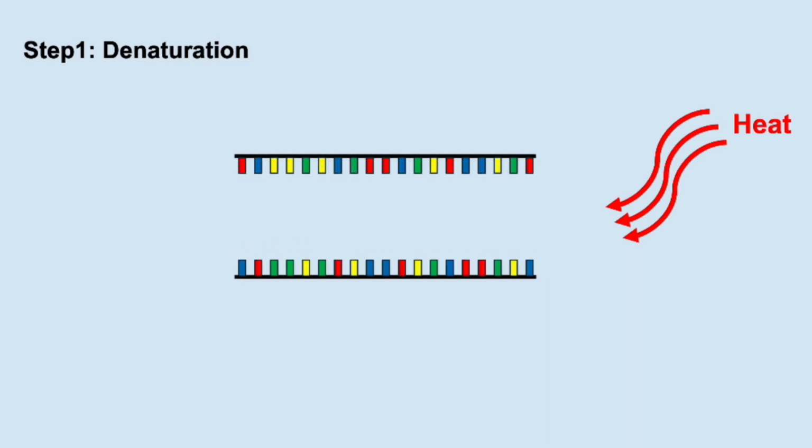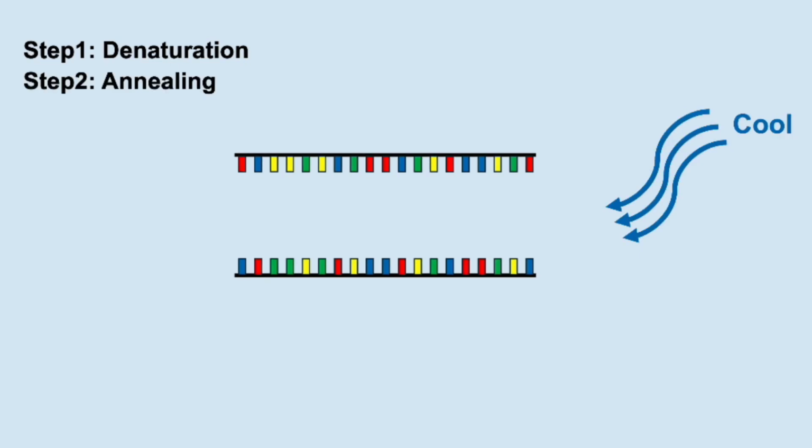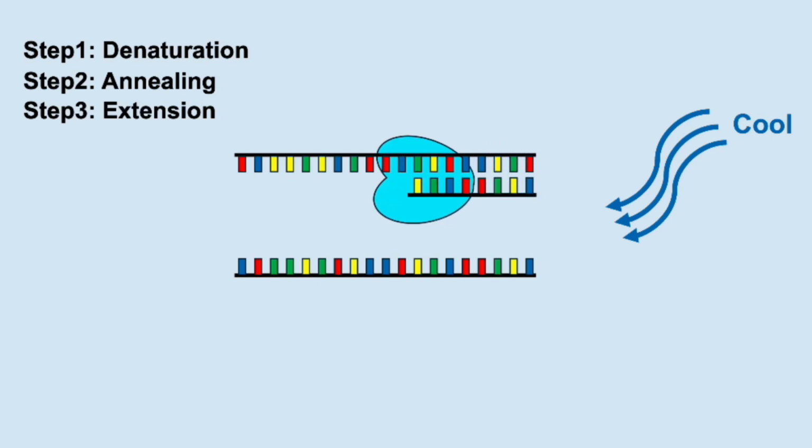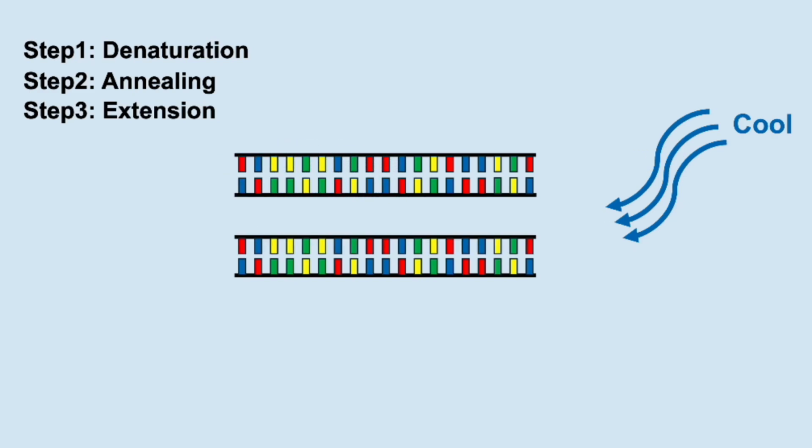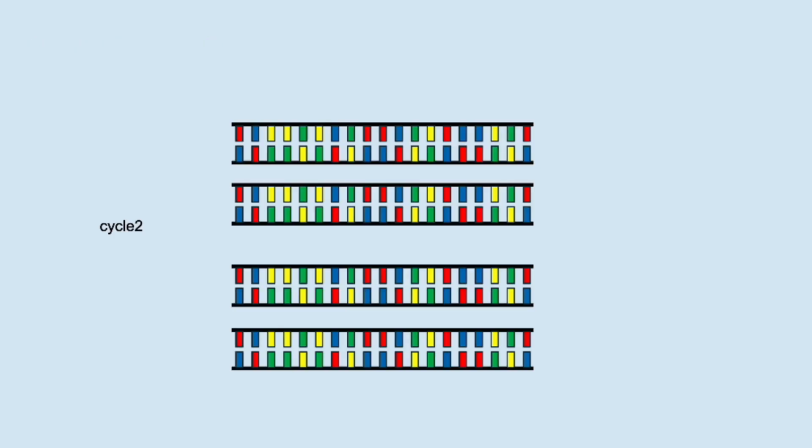The temperature is then lowered to allow short DNA fragments called primers, which are complementary to specific sequences, to bind to the DNA. This step is called annealing. Finally, DNA polymerase extends the primers by synthesizing a new DNA strand, a process known as extension. Repeating this cycle exponentially amplifies the target DNA in a short period.